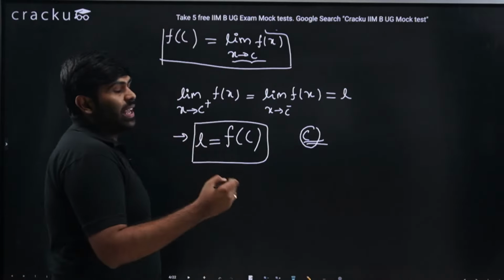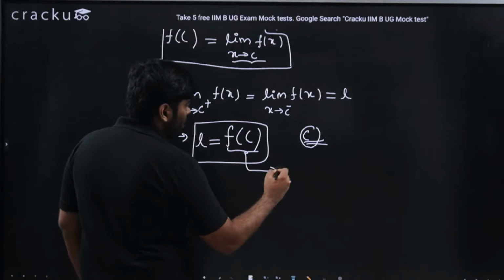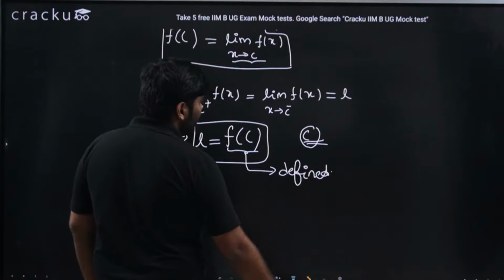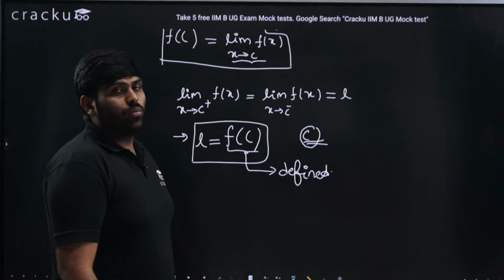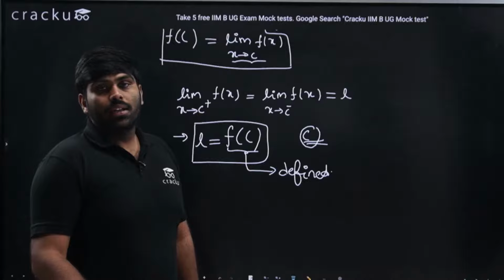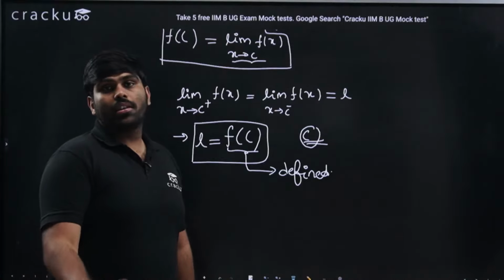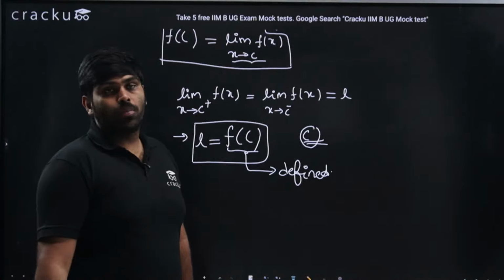Even those could be equal, but f of c should be defined in the very first place. If point c is not in the domain, then f of c won't be defined, and we can't say that it is continuous at that particular point. So please be careful about that.